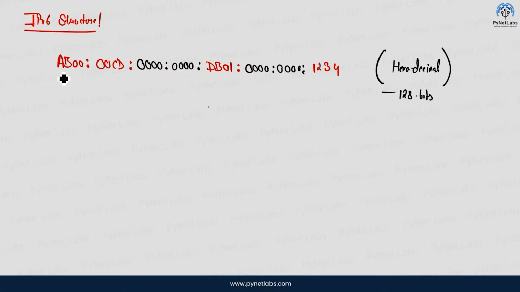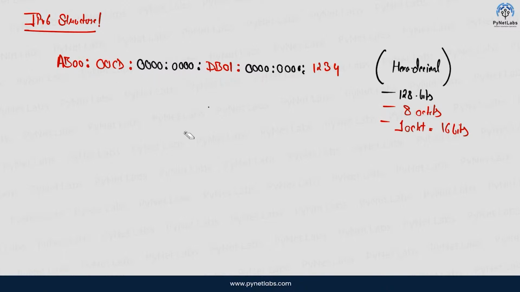Suppose that this AB00 is there. If you count how many octets are there, 1 2 3 4 5 6 7 8. So there are 8 octets, right? One octet is equal to 16 bits. So 8 into 16, you get 128, which means this is a total of 128 bits.